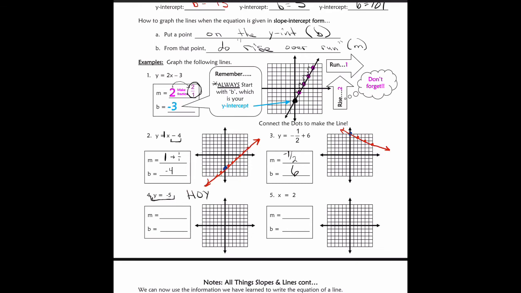The y equals means it's going to be a horizontal line, which is this way, and my slope is going to be 0. So slope is 0. My b value is -5. So 1, 2, 3, 4, 5, put my dot. And it's a horizontal line through -5.